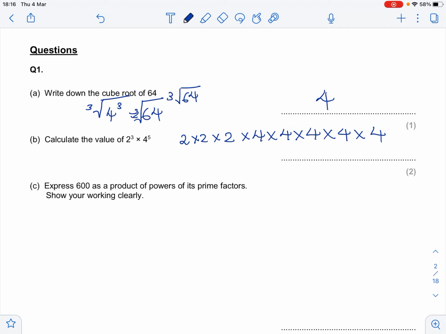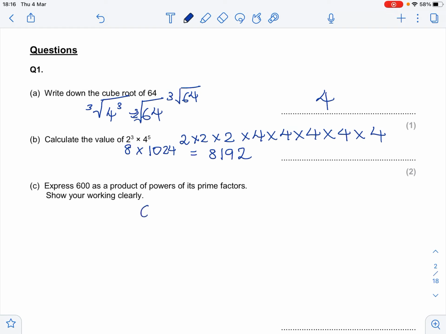So even writing the number 8 will give you 1 mark. Multiply by 4 to the power of 5, or you can write 1024. Then write down your actual answer, which is 8192.